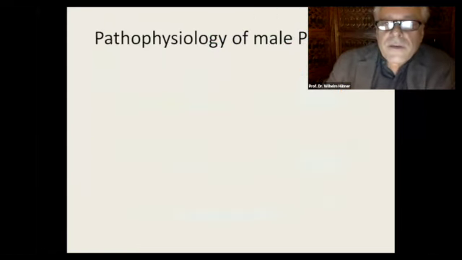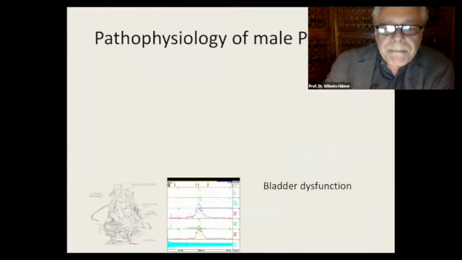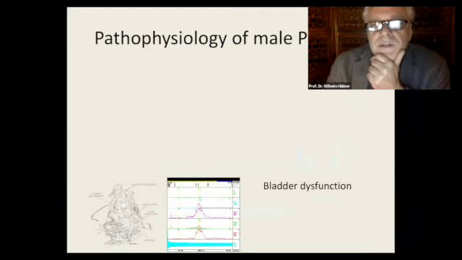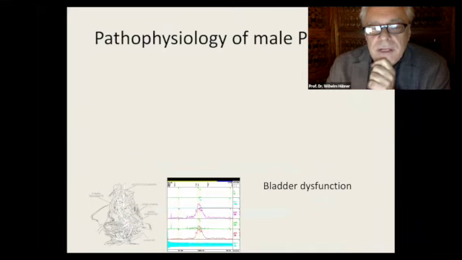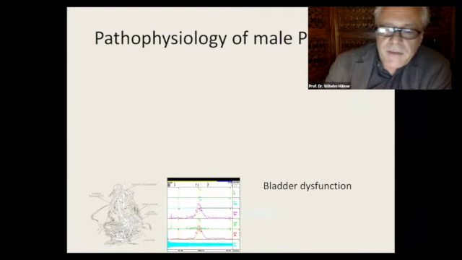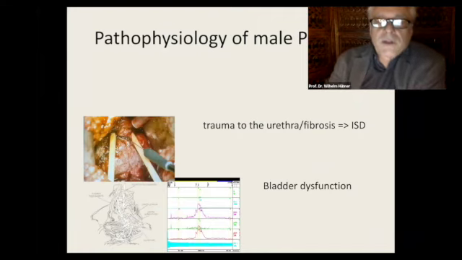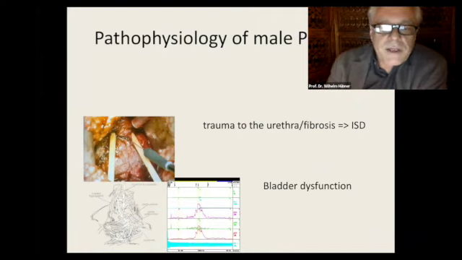Let's have a look into the pathophysiology of things. The reason for post-prostatectomy incontinence, and this is what we are mainly talking about, not the neurogenic patients, is a bladder dysfunction due to overactivity because of the manipulations on the bladder neck and the innervation. Of course, there's a direct trauma to the urethra and the sphincter region, resulting in ISD.